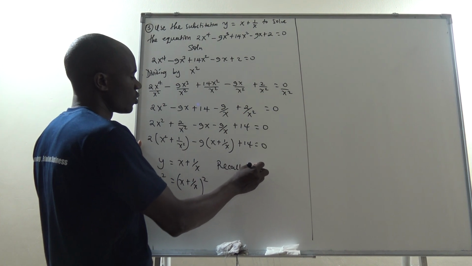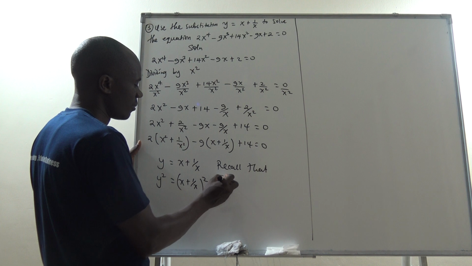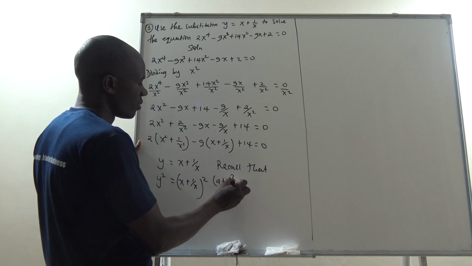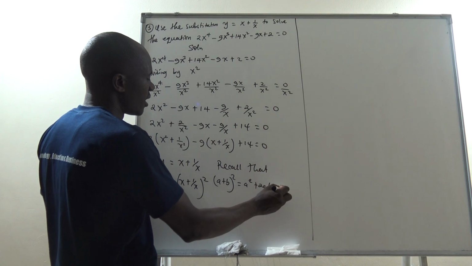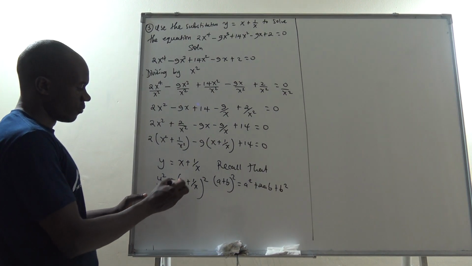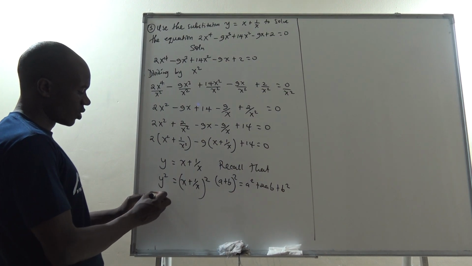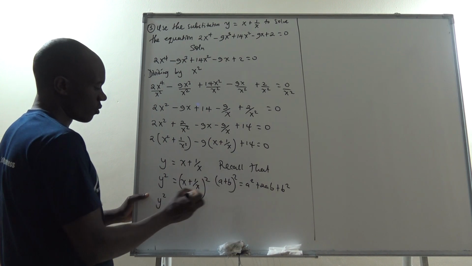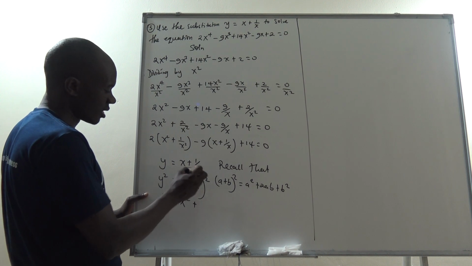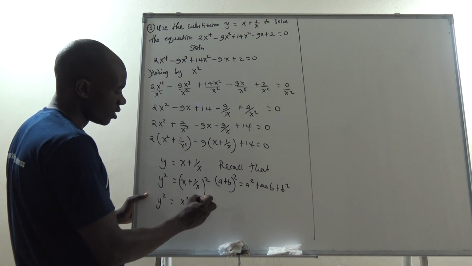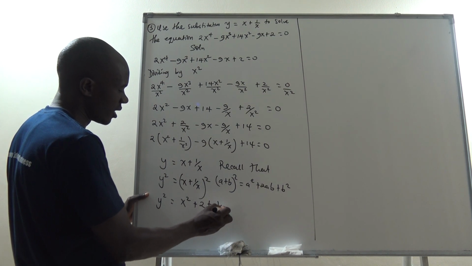Again, recall from Pascal's triangle that a plus b squared, we are getting a squared plus 2ab plus b squared. So if we try to expand this one, y squared equals x squared plus 2x times 1 over x, we remain with the 2, plus 1 over x squared.